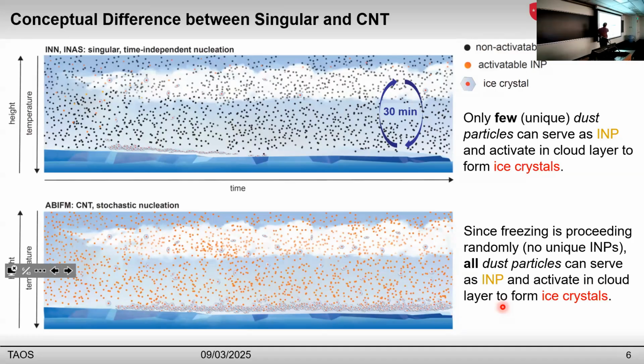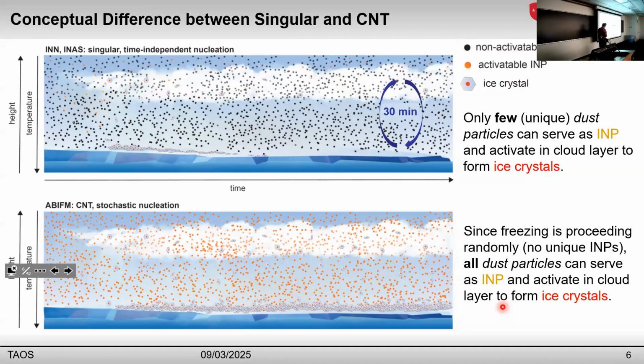We go in the parameterization, and all the orange ones are the unique ones, which potentially, if they go in the cloud, make an ice crystal and then fall out and are gone. And many studies have shown if you do it like that, after an hour, because you have a fast mixing in 30 minutes, all of the special ones saw the lowest temperature, they made ice, fall out, done. The cloud dies out. And that's an unresolved problem for 18 years. We are not able to model this simple cloud.